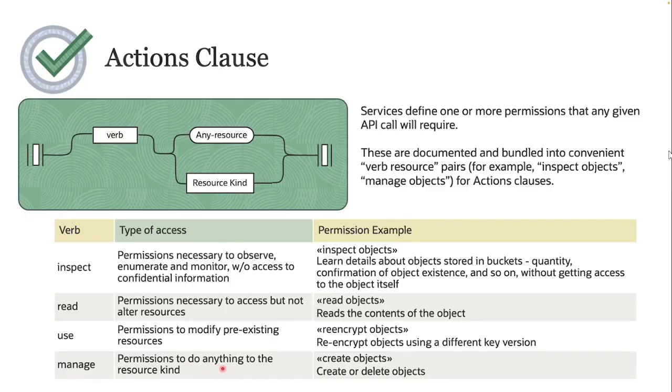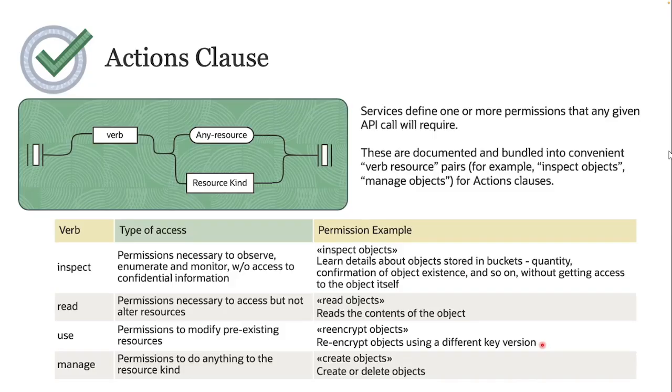Now let's see some permission examples to relate verbs in policy. If I have to give an example, when you say inspect objects, you can learn about objects stored in buckets, or details about the objects stored in a bucket, like quantity or whether an object exists or not, without getting access to the object itself. But when you write a verb like read objects, you are reading the content of the object. And when you say something like re-encrypt object, you want to basically encrypt the object using a different key version.